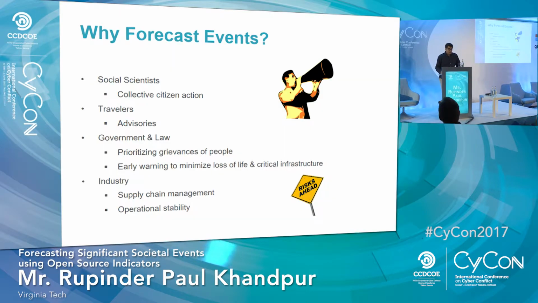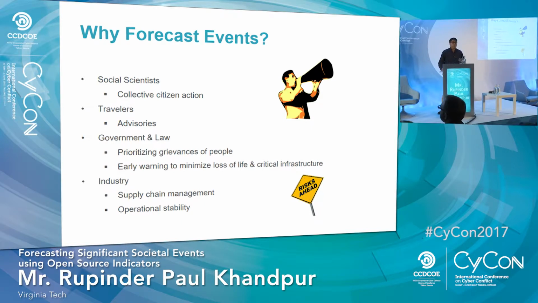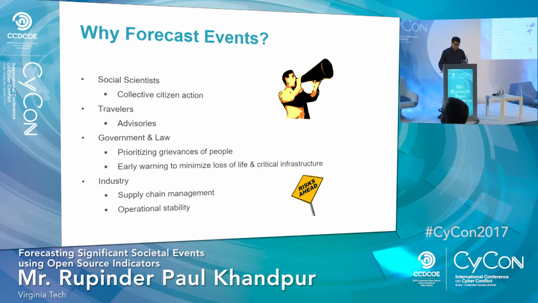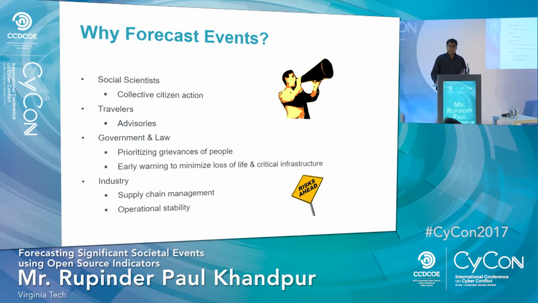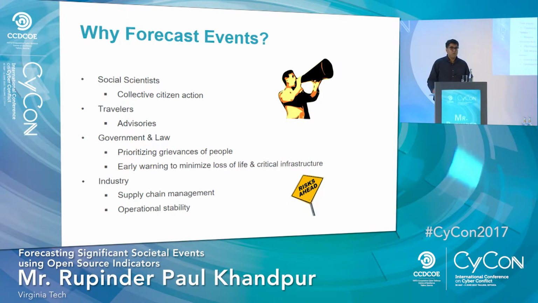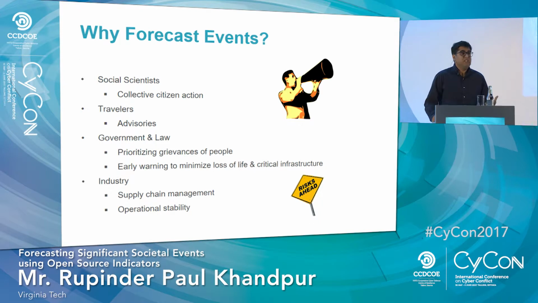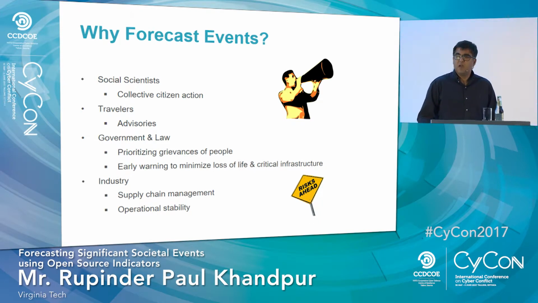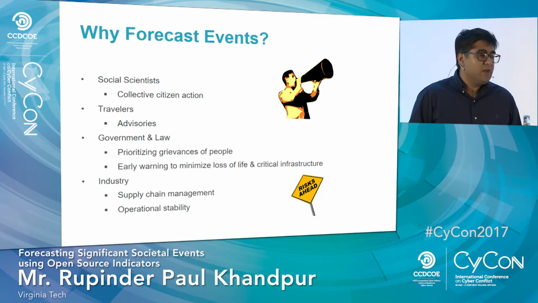So to begin with, I want to talk about what is the key motivation of doing something like this. Why do we want to forecast events? Forecasting technologies provide a very crucial platform to test social theories, such as what are the key driving factors that govern collective action. And thanks to social media, these provide a very valuable tool for social scientists.